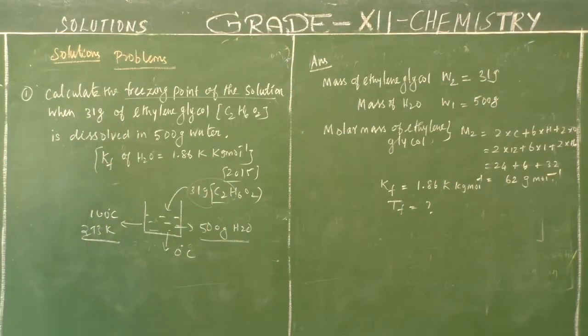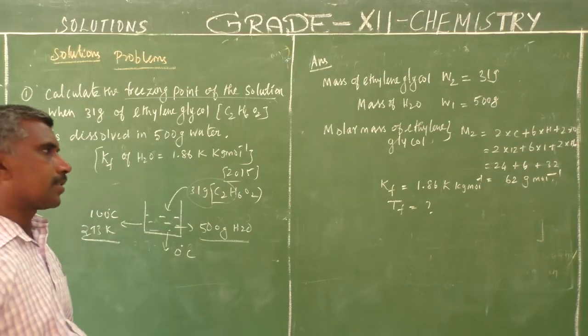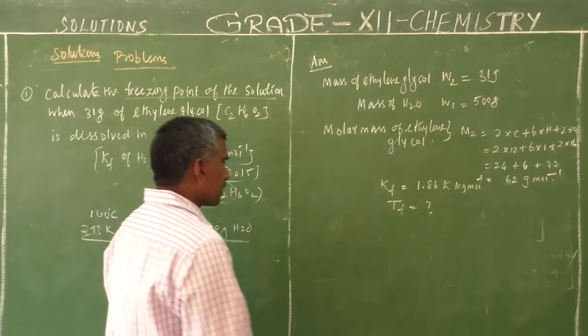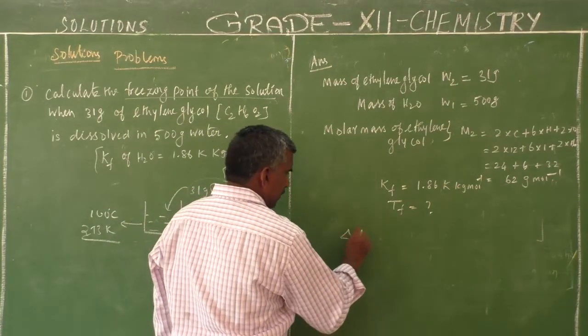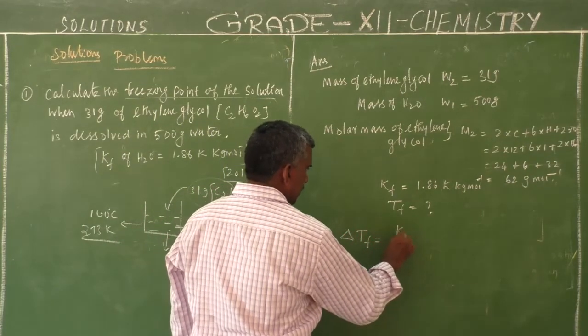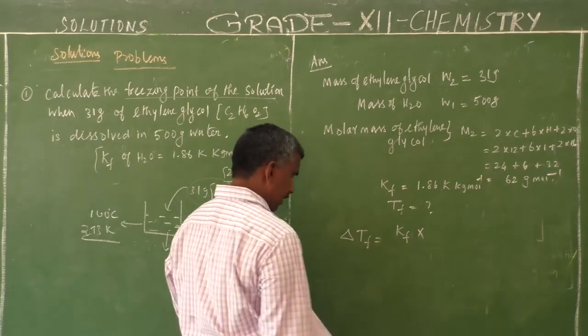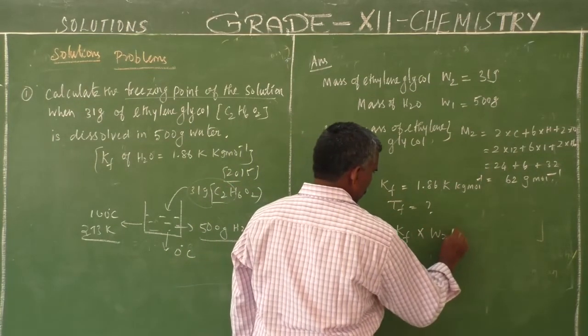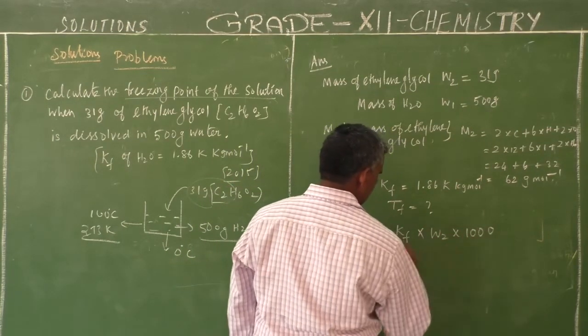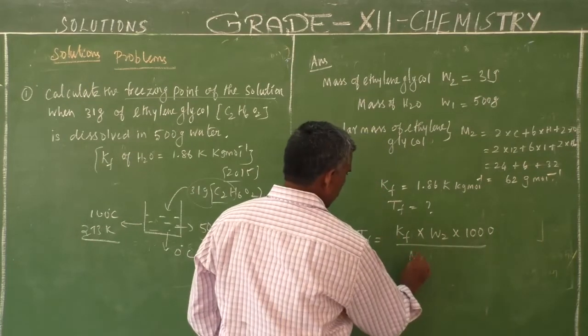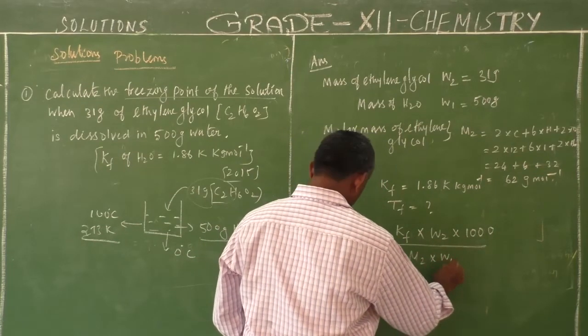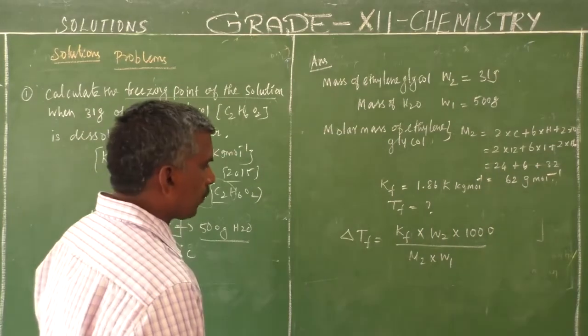Next step, write the formulas. Delta Tf, the difference in freezing point, is equal to Kf, the freezing point depression constant, times W2 times 1000 divided by M2 into W1. This is one formula.